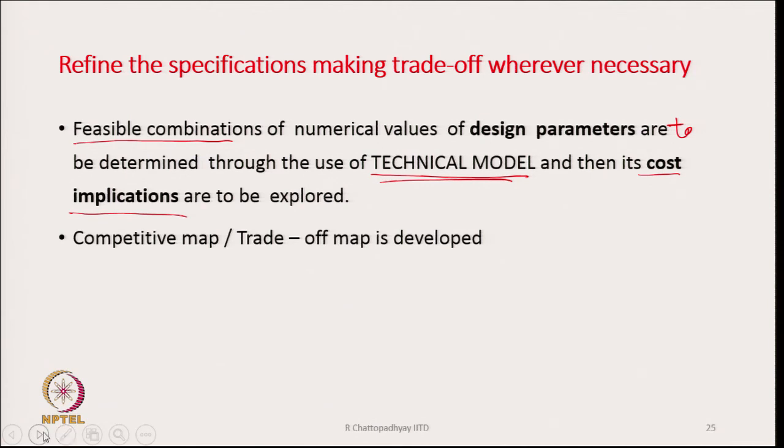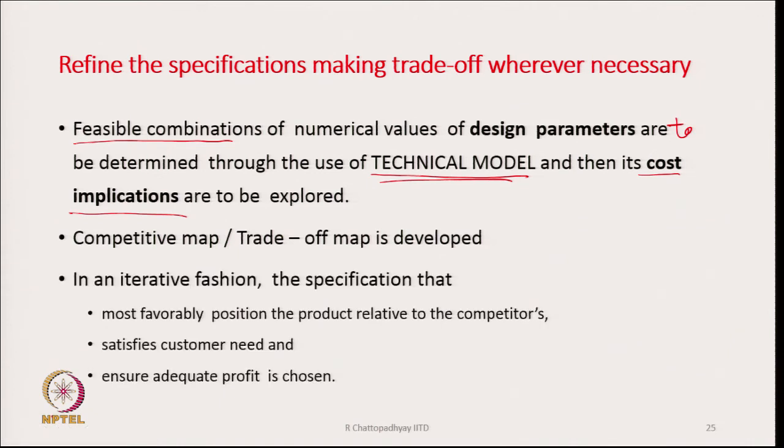And then a competitive and trade-off map is to be developed. That means first the technical model and then the cost model. Now, we use the cost model and then find out a competitive map. We will come to that now. In an iterative fashion, the specifications that most favorably position the product relative to the competitors, satisfy the customer need and ensure adequate profit are finally chosen.